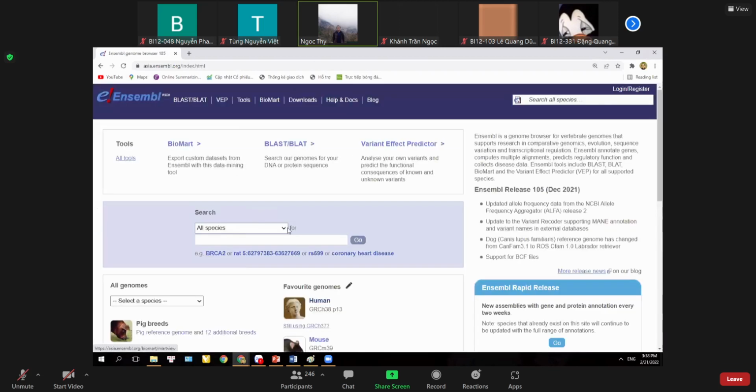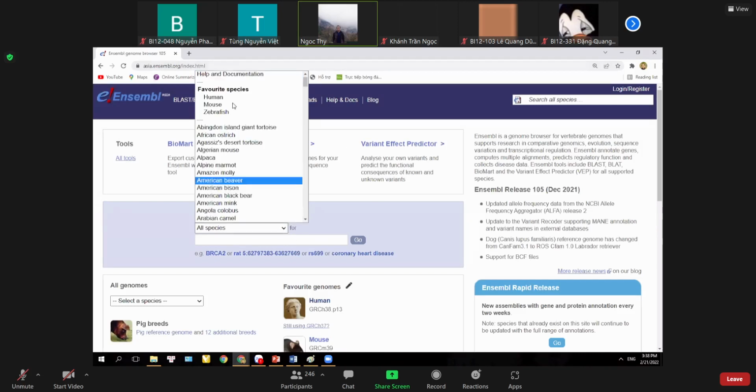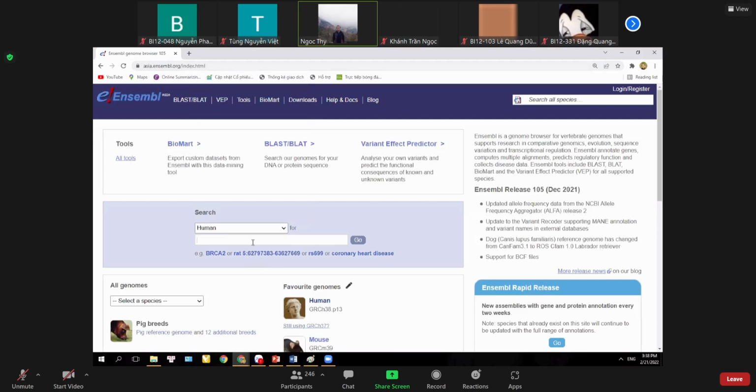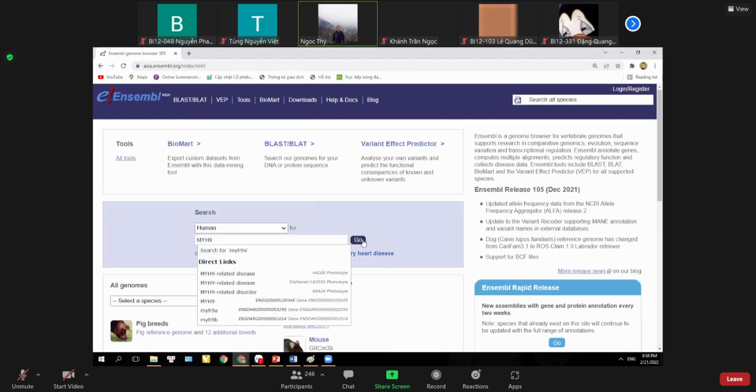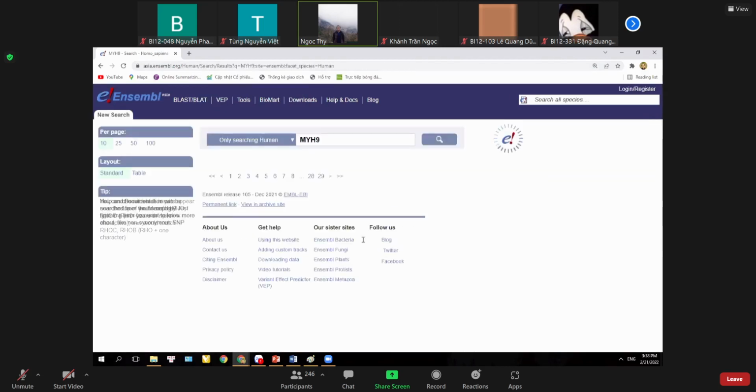MYH9. For the students who have not attended the practical course, you go to Ensembl, which is a very large genome database. Click into human, search for MYH9, click on go.